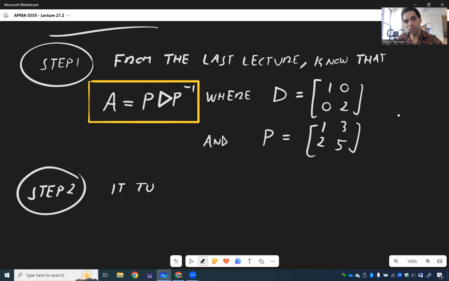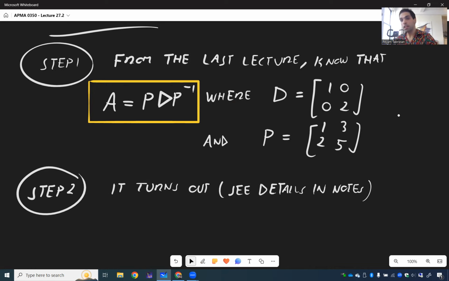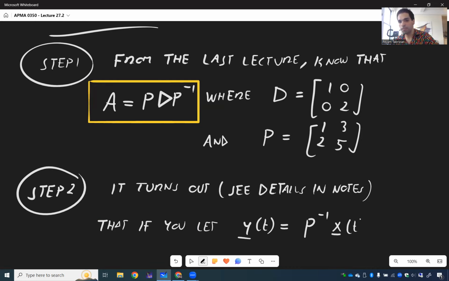So it turns out, and again, see details in the notes, that if you define a new function, it's a bit weird, but y of t to be P inverse of x of t.